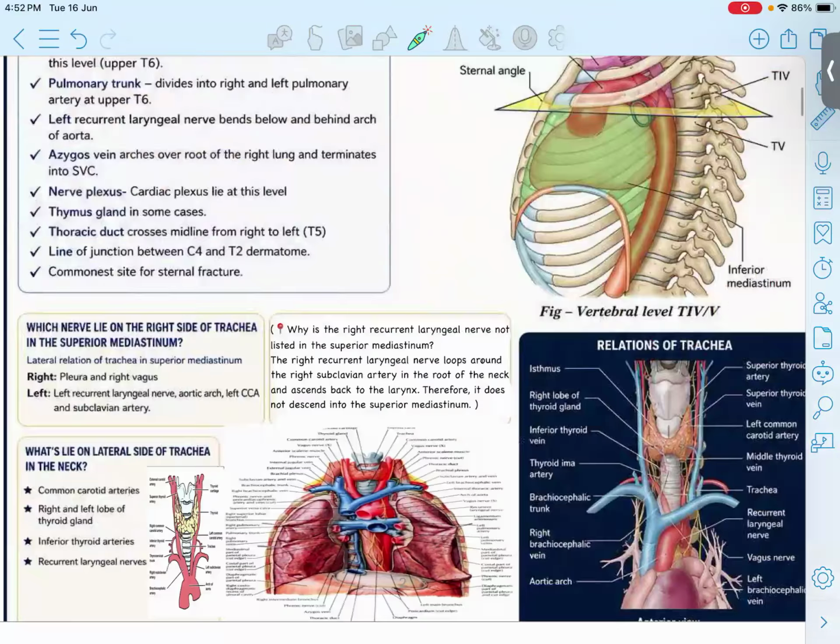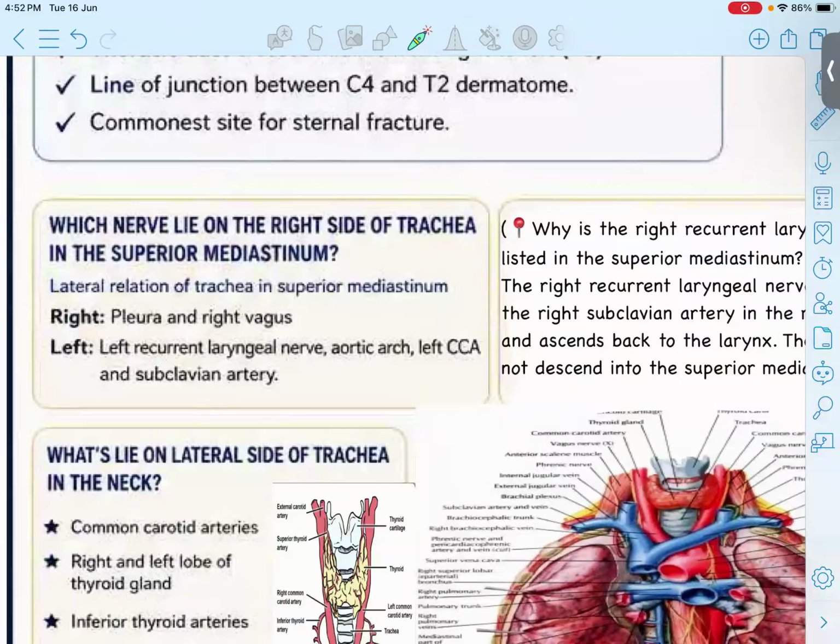Now come to two recall questions that are coming nowadays. One: which nerve lies on the right side of trachea in the superior mediastinum? Focus on this point. The next question: which nerve lies on the lateral side of trachea at the level of the neck? Compare these two questions.